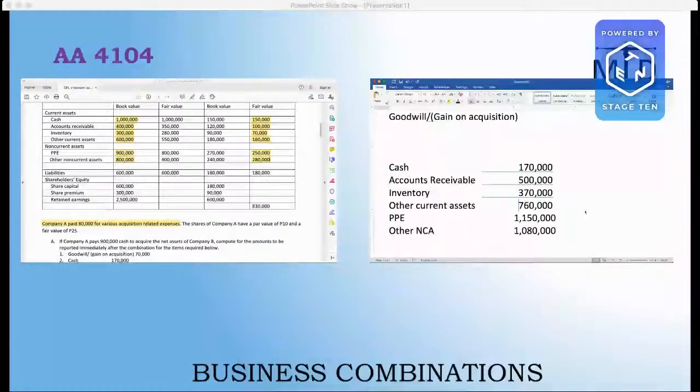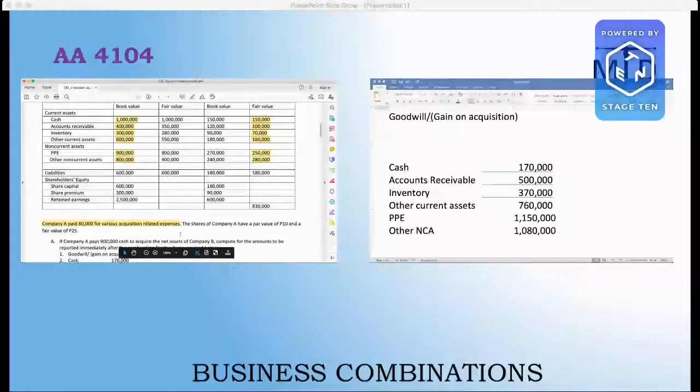Okay. But before proceeding to these questions, class, I forgot that we should have computed first the amount of goodwill or gain. Because as I mentioned before, this is the most common question. And again, what are the two things we need to solve for your goodwill or gain, class? You only need to compare your consideration and the fair value of the net assets of the acquiree.